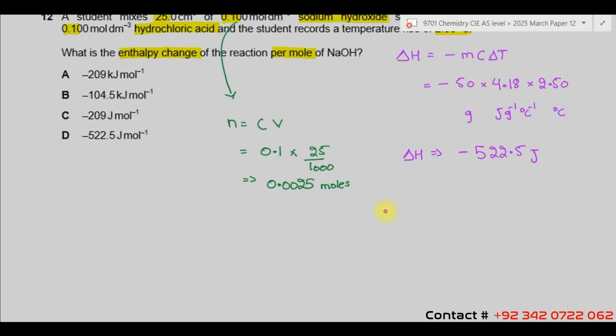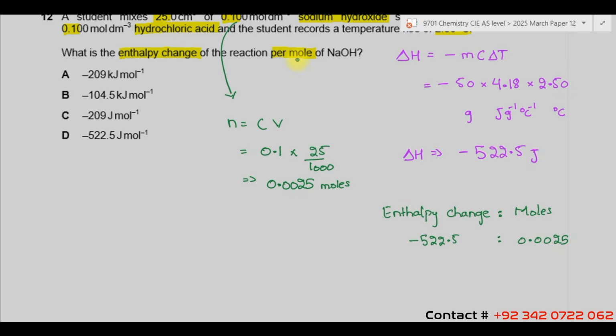So we have enthalpy change and moles: minus 522.5 for 0.0025. In the question it says that you have to find the enthalpy change per mole.